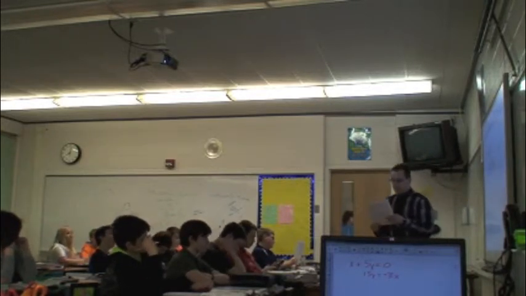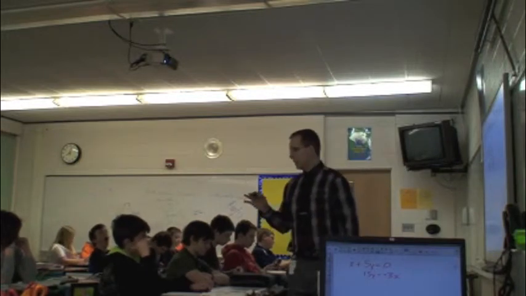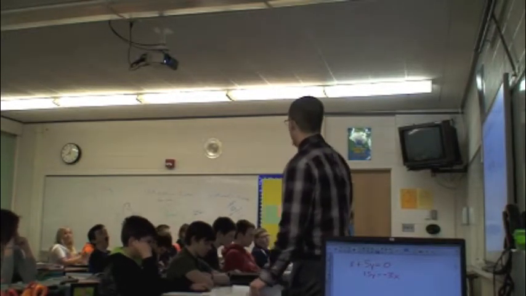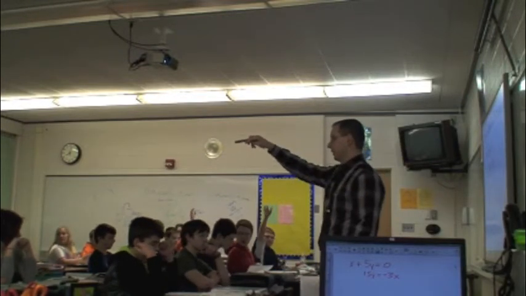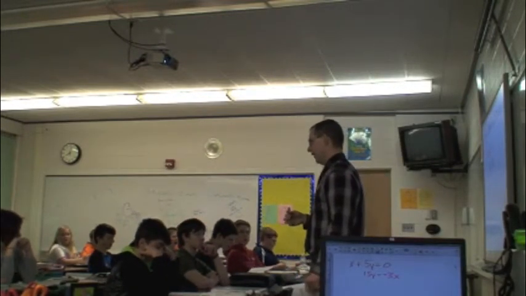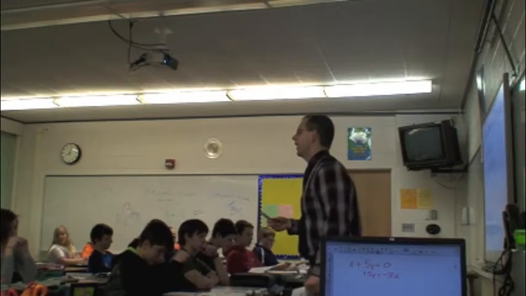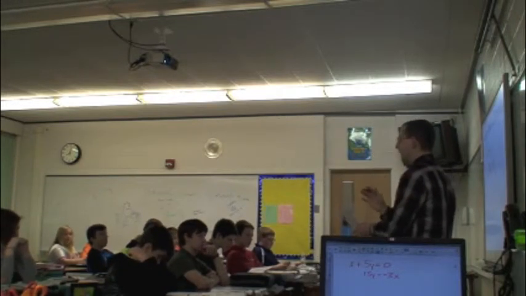Now, the answer was infinitely many solutions. Who can tell me when you would have a system with infinitely many solutions? If the lines are right on top of each other, the same exact line or equation, right?